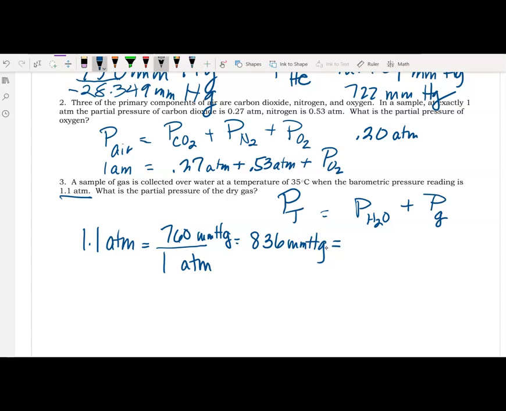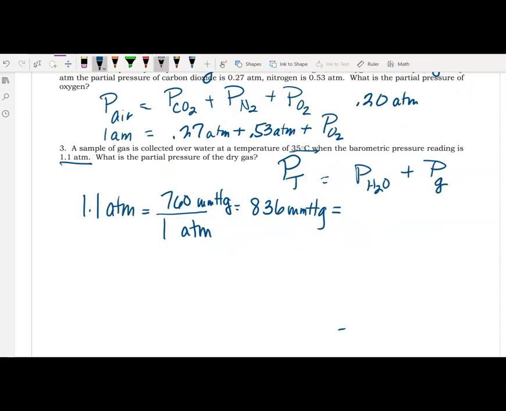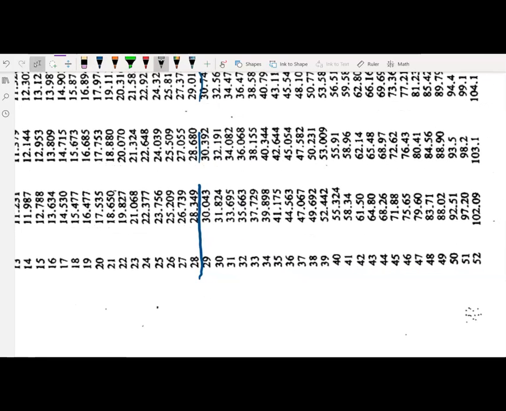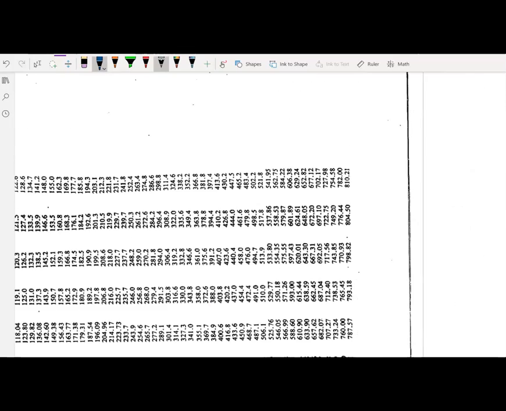So what's my temperature? 35. So if I go to my data table and I come down here to 35 and I read sideways, what do I get? 42.175.